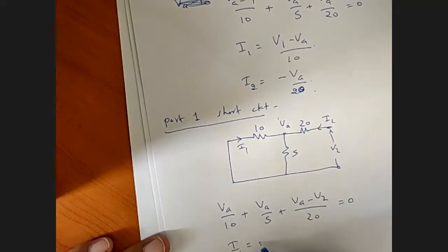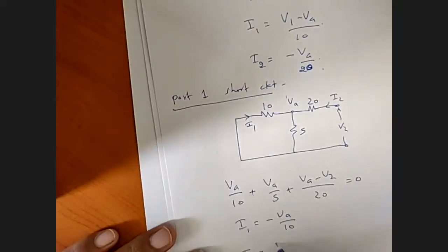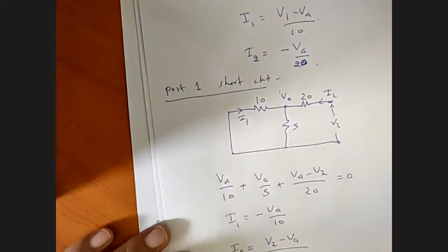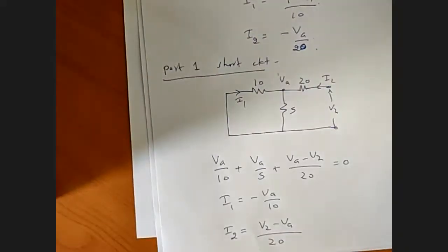I1 equal to minus VA by 10 and I2 equal to V2 minus VA by 20. So this is how we will be solving.